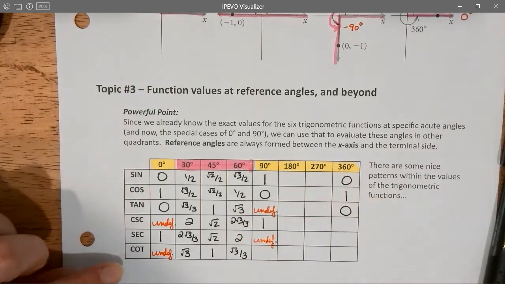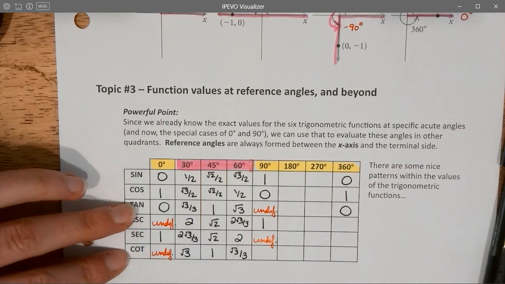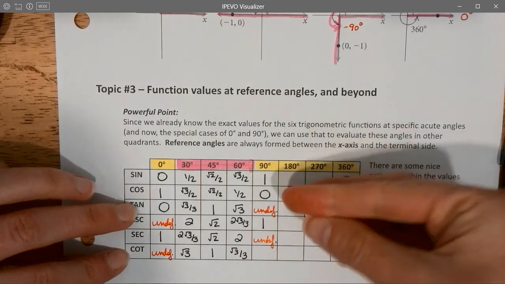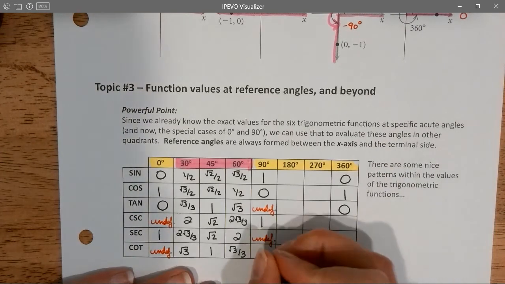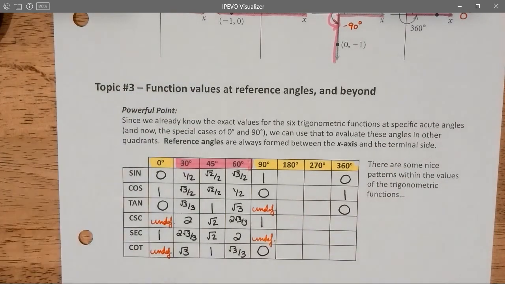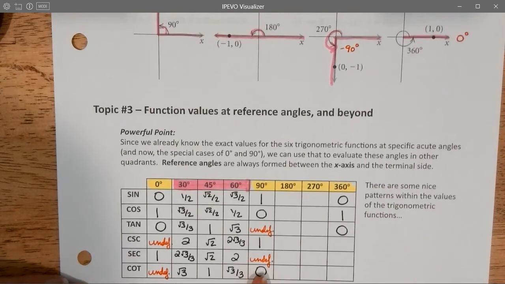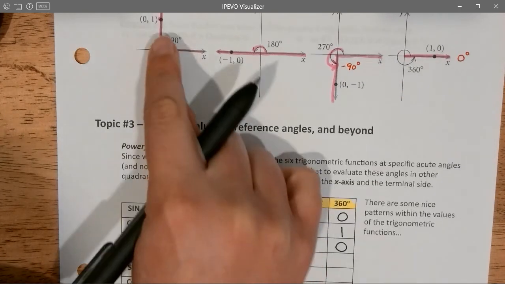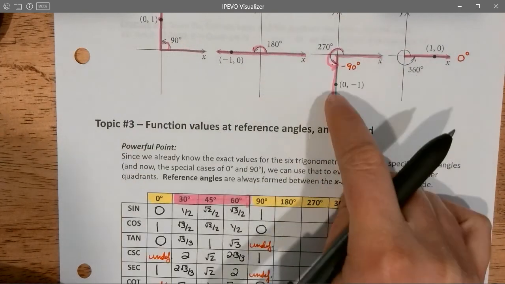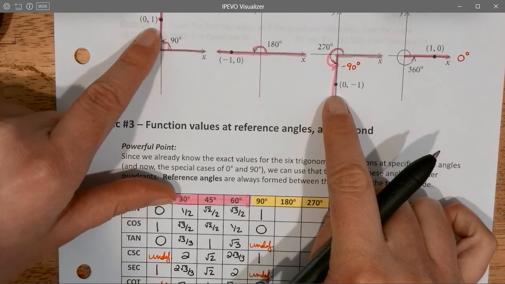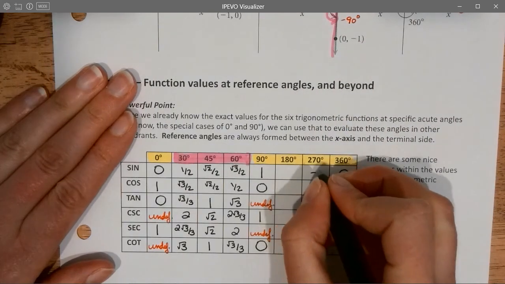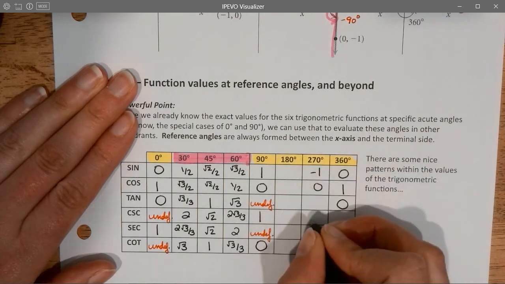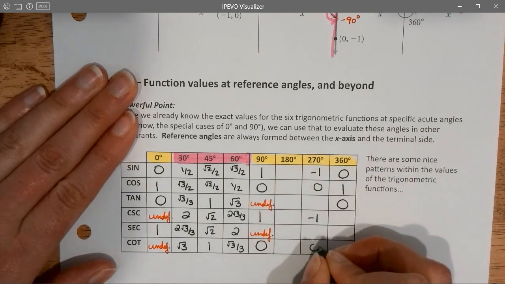And then the cotangent. I can't take the reciprocal of undefined, but if I flip this ratio, instead of 1 divided by 0, it's 0 divided by 1, so the cotangent is going to be 0. All right. Now that I've done 90, I'm going to just jump over to 270, because 90 and 270 have very similar properties, except the 1 isn't positive, it's negative. So we're going to flip this one to -1, 0, undefined, -1, undefined, and 0.